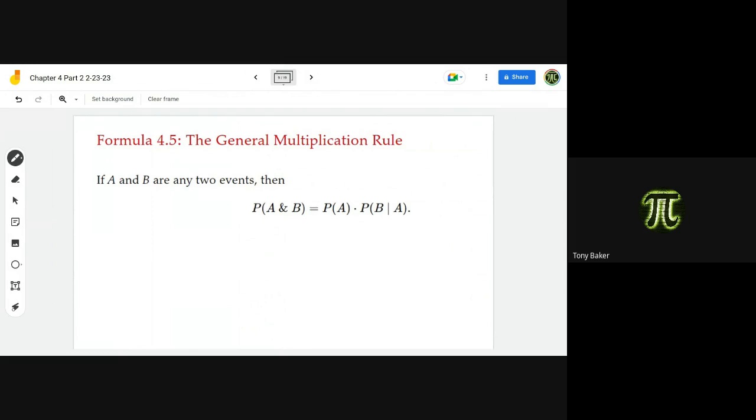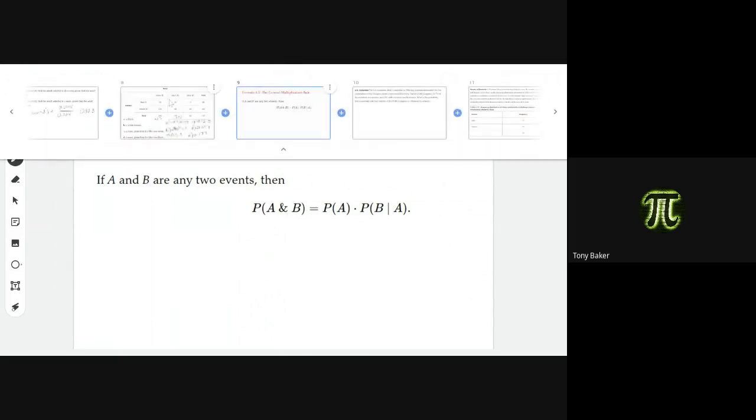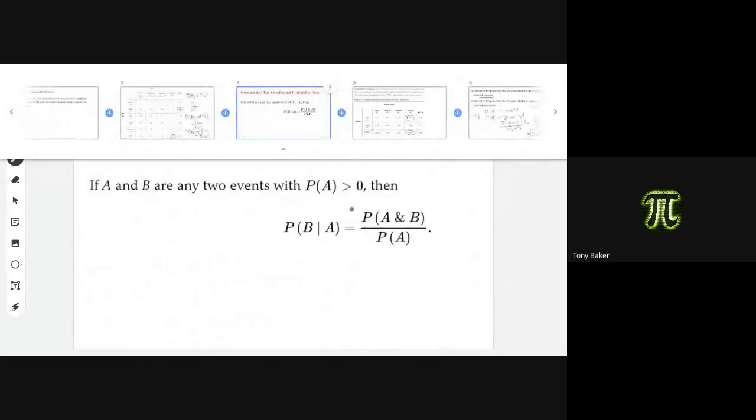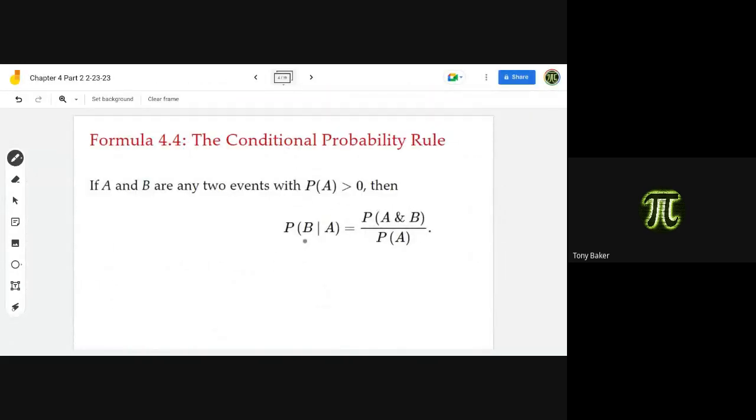When we're looking at an and, we have to do multiplication. I'm going to come back to the screen in a second because I want to show you the other screen, because this was just a little bit of algebra. Notice how this formula was division.